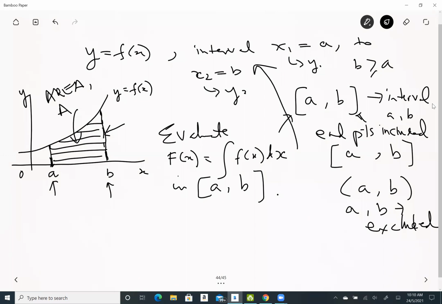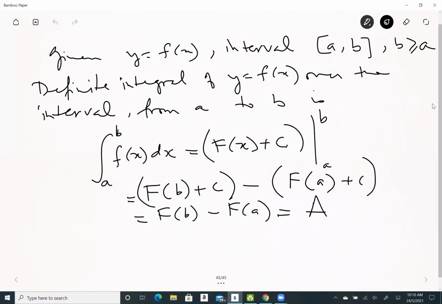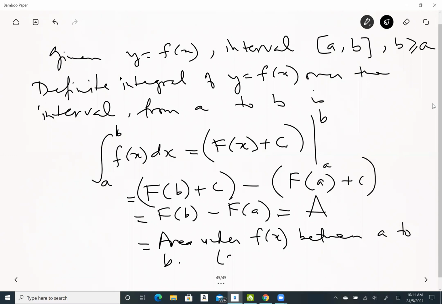So I call it A, and that A is the area under f of x between A and B. I show that by the shaded region in the graph.